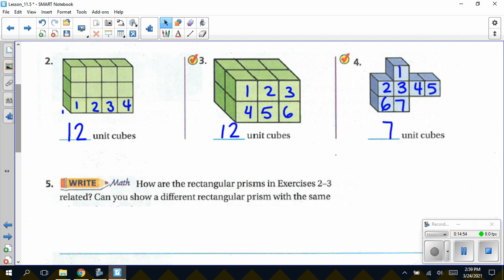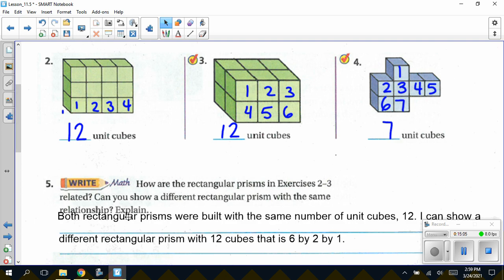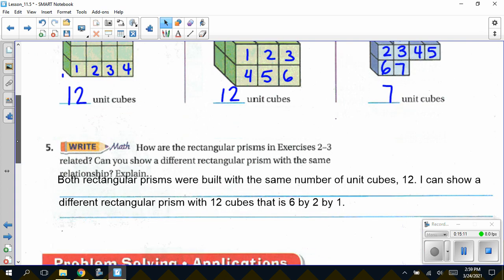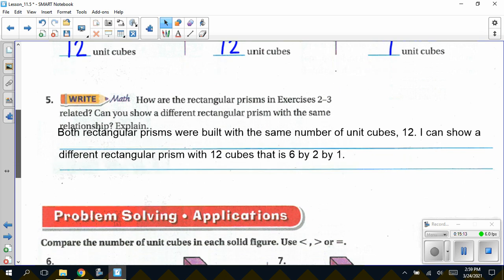Then they want to know how can you show a different rectangular prism with the same relationship. So for this, I see that both rectangular prisms were built with the same number of unit cubes, which was 12. So they both have 12 unit cubes. I could show a different rectangular prism using 12 cubes by having 6 cubes long, 2 cubes deep, and 1 cube high.